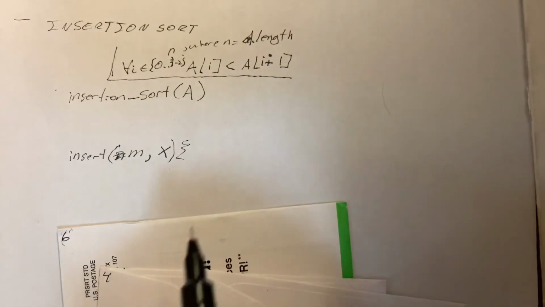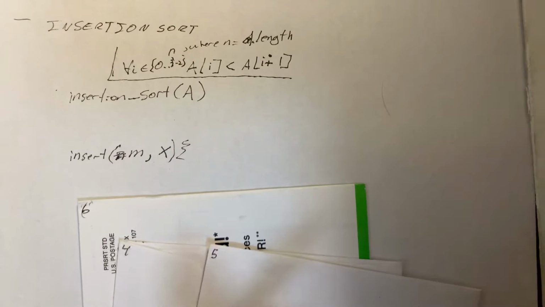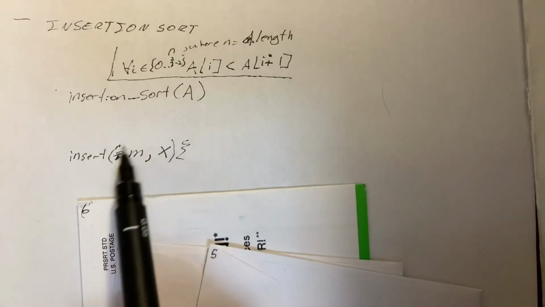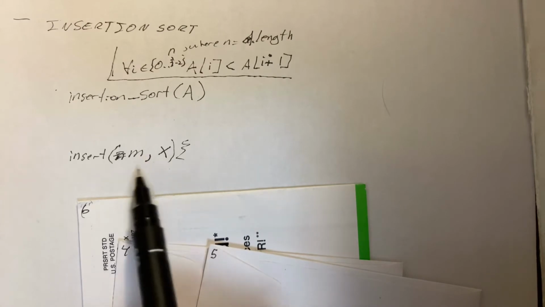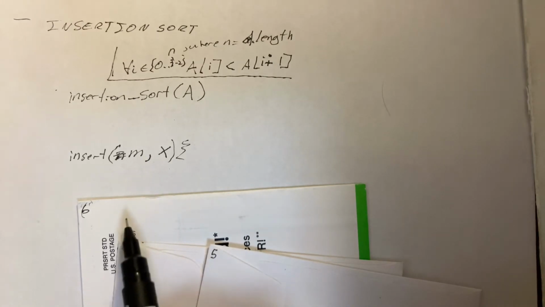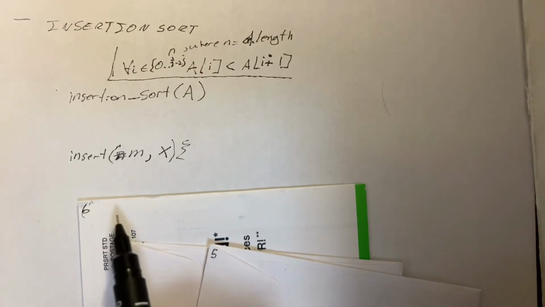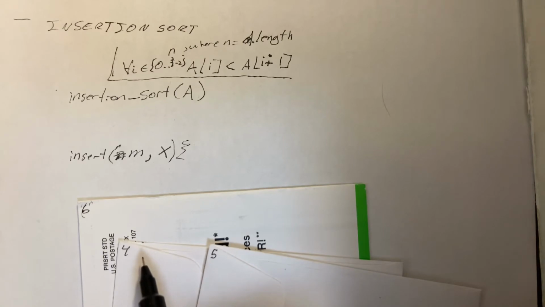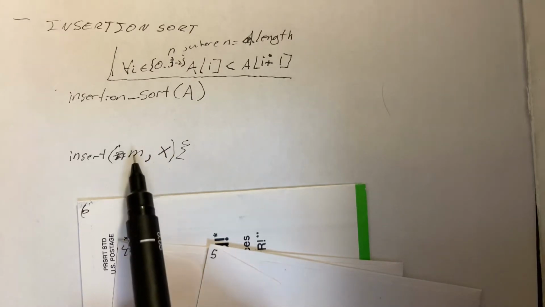So we're calling a function. The way we would call this function is by saying insert(0, 4), meaning let's insert the element 4 into its appropriate position in the subarray with the index ending at position m.